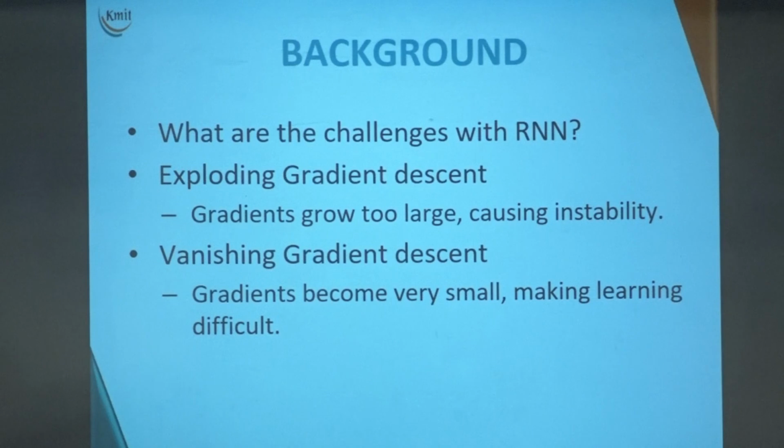What is the formula associated with gradient descent? If suppose I am updating a weight, new weight is equal to old weight minus learning rate into gradient, correct or not? Yes or no? Yeah, everybody, how many of you are okay with that formula?